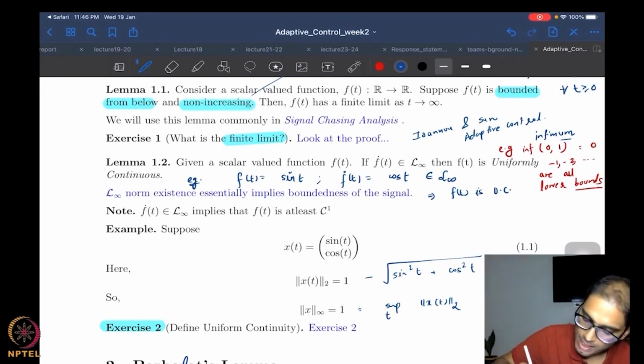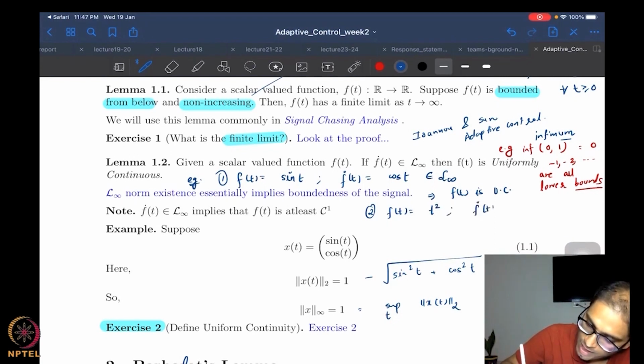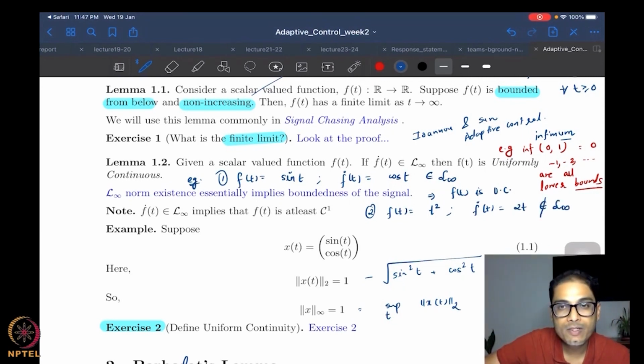On the other hand, if f of t is t squared, then f dot of t is twice t, which is not bounded, because it goes to infinity as t goes to infinity. Of course, for some window of time it is bounded, but not for all time.